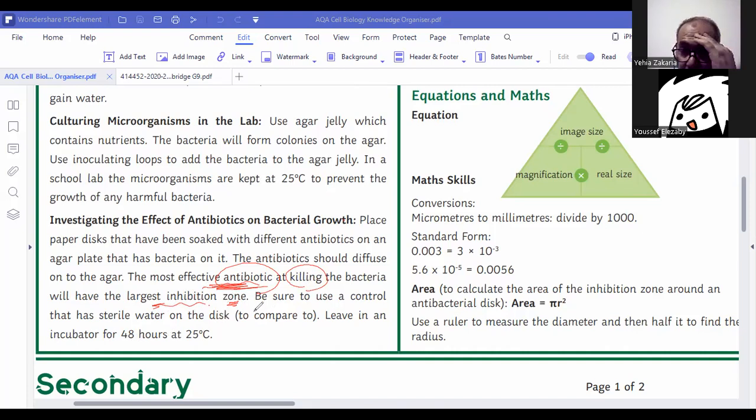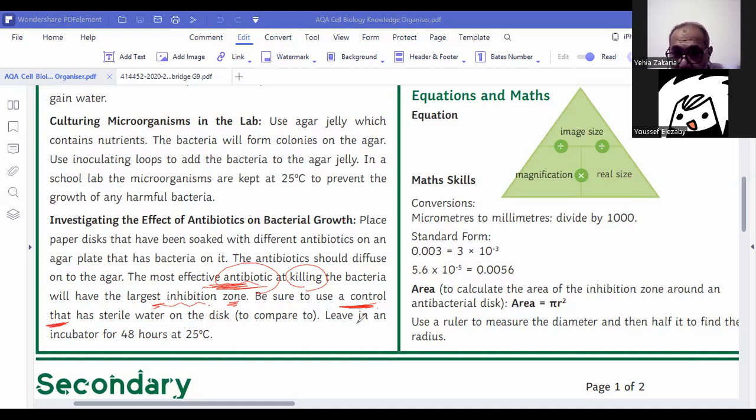In each experiment, we should use a control. Control means we use something that cannot change the parameters, the real parameters, of the experiment. If it is a substance or a chemical, it cannot change the standard parameter of the experiment.